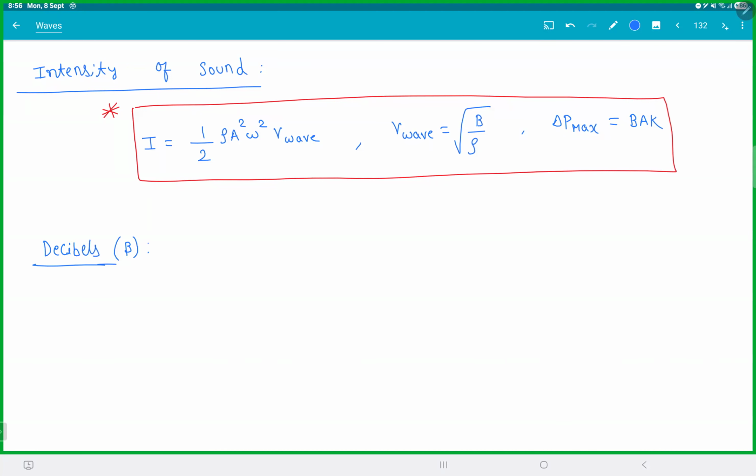So decibels is actually a log scale. So beta is given by 10 log intensity by I naught, where I is the intensity of the sound, and I naught is a constant which is 10 power minus 12 watt per meter square.